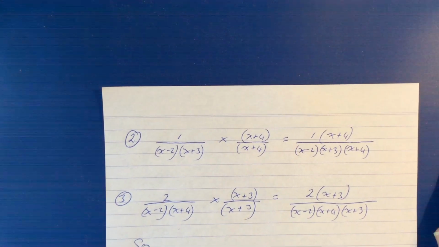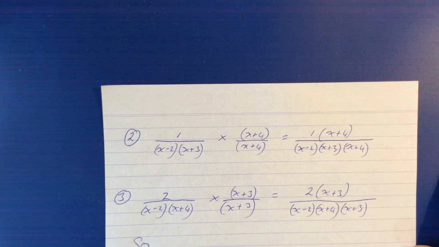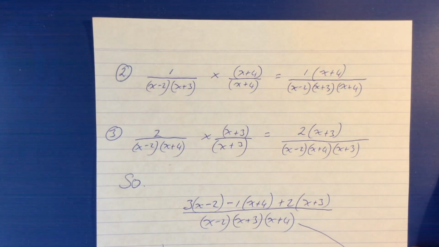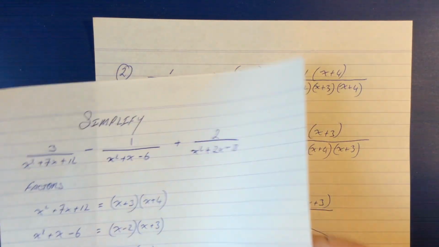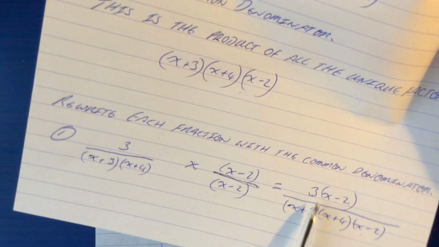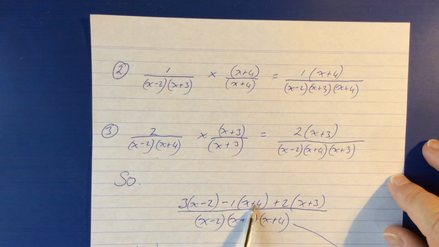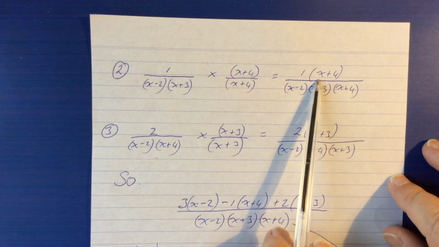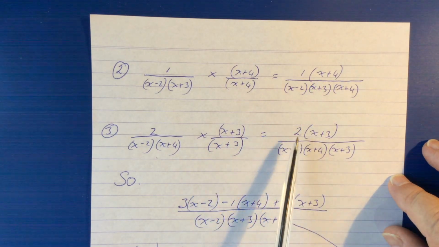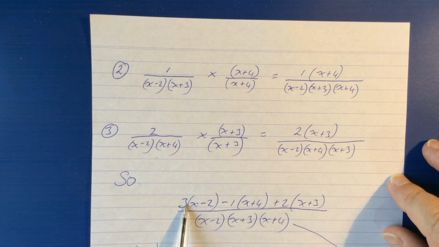Now, what does that mean for us? Well, what it means is that we can rewrite all of this as one fraction. 3 into x minus 2, which we got here, minus 1 into x plus 4, which we got here, plus 2 into x plus 3, which we got here.